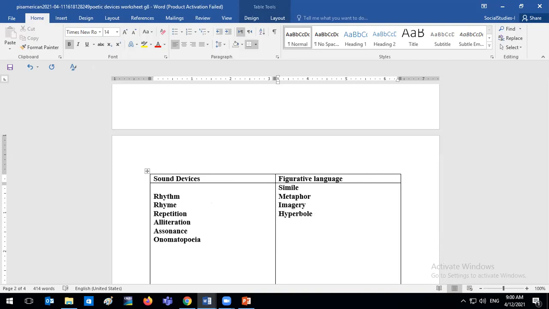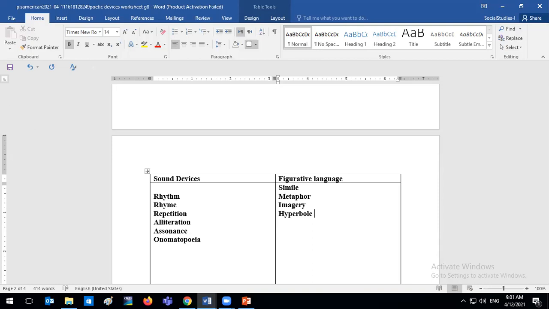The difference between sound devices and figurative language: sound devices actually create a musical tone to the poem, like rhyme. You feel like it's helping the poem almost become musical. Figurative language is quite different, because we see it used in a descriptive manner, when you're describing something through comparisons or through exaggeration and so on.